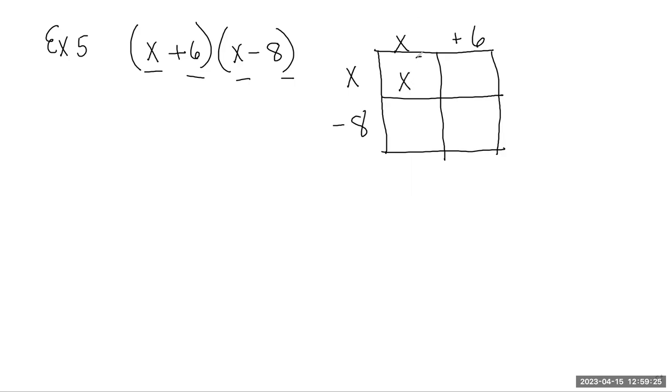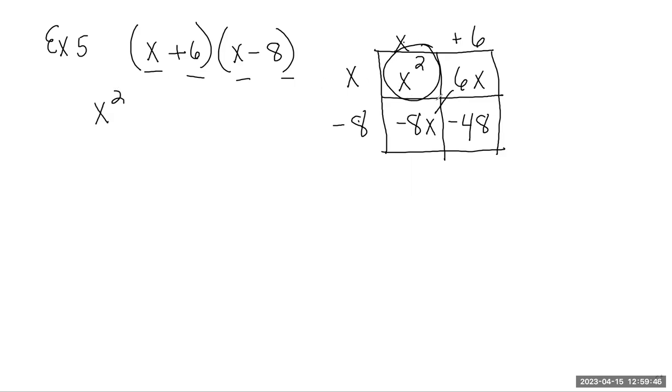X times x is x squared. X times 6, 6x. -8 times x is -8x. -8 times +6 is -48. All right. This is my first term, which is x squared.